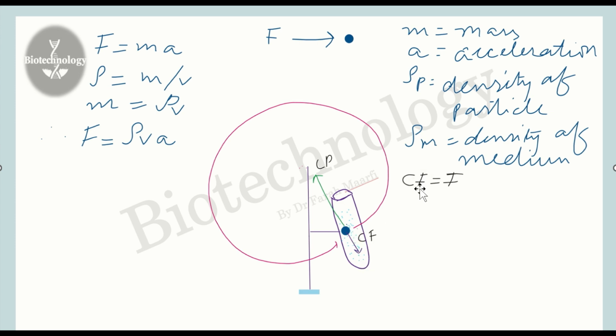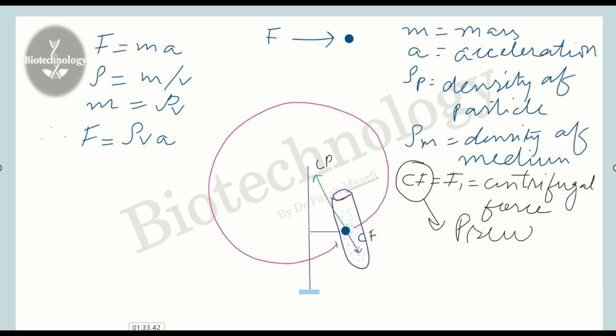The CF here represents the centrifugal field, and we consider this equal to F1, and the CP here represents the centripetal force. Actually, the centrifugal force is a pseudo force.